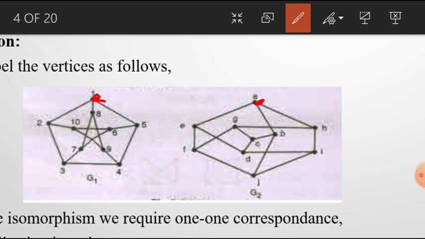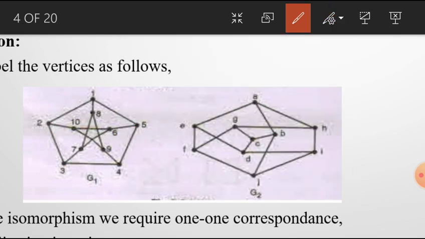Okay. Therefore, using that connection, we find the bijection, that is, 1 goes to A, 2 goes to B, 3 goes to C, since B's adjacent is C and 2's adjacent is 3. 4 goes to D, 5 goes to E, 6 goes to F, and so on.